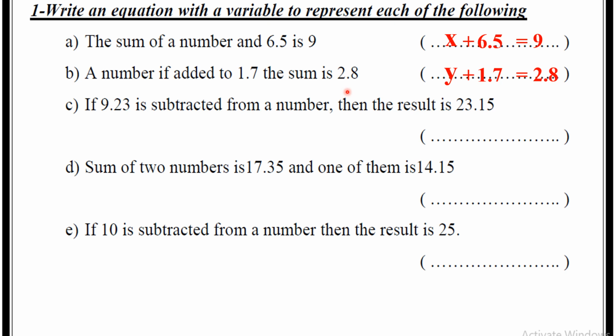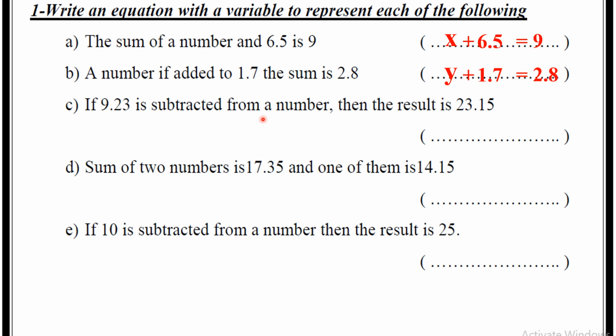And now in letter C: if 9.23 hundredths is subtracted from a number, then the result is 23 and 15 hundredths. The number here means the variable. Which one is the big number? If we have a number after from, the number after from will be the big number, and we will write it first.